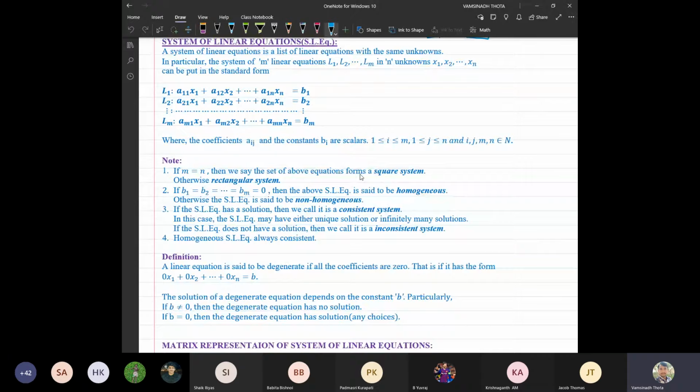For example, as you can see here, the general system I'm considering has m linear equations, called L1, L2, L3, and so on Lm, in n unknowns represented with x1, x2, and so on xn. And of course the coefficients aij.